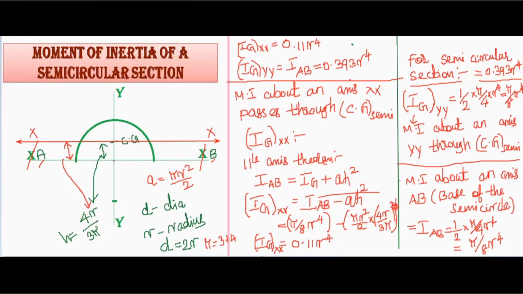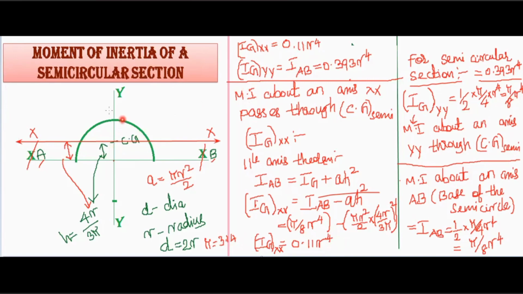Substitute and square. Now IGXX, simplify, and substitute the value pi equal to 3.14. We will get 0.11 r power 4. So finally, the moment of inertia with respect to the XX axis passing through the center of gravity will be 0.11 r power 4.